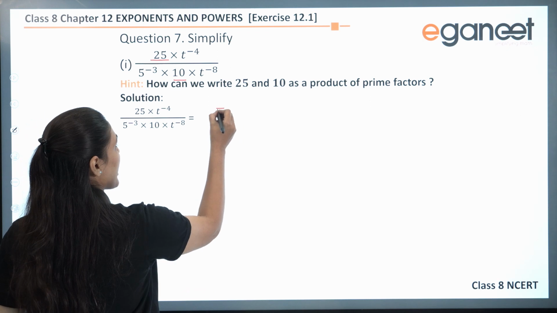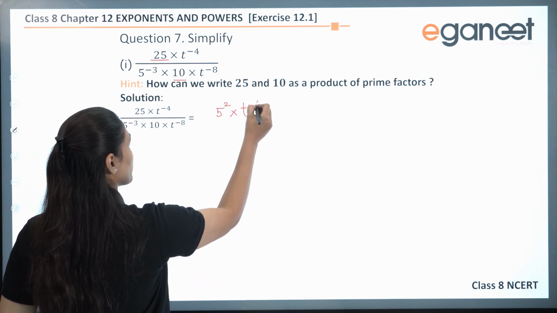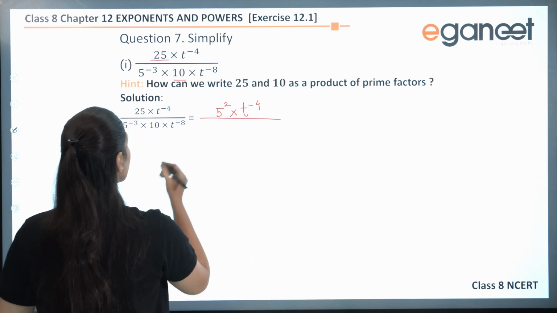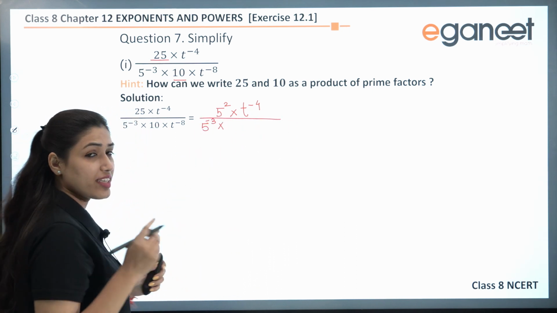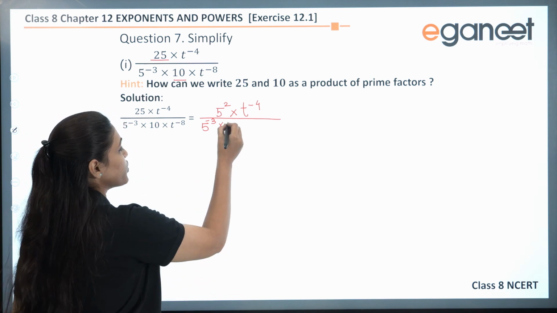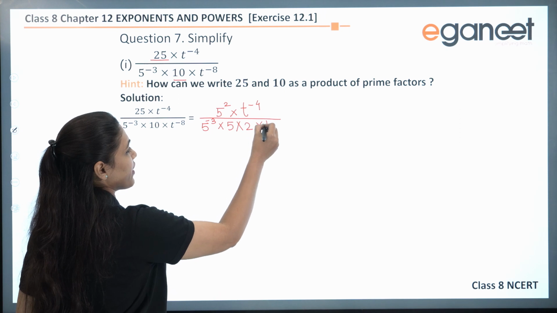25 can be written as 5 square into t to the power minus 4 divided by 5 to the power minus 3 into 10 can be written as 5 into 2 into t to the power minus 8.